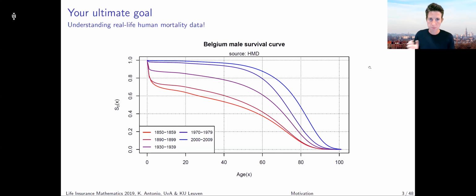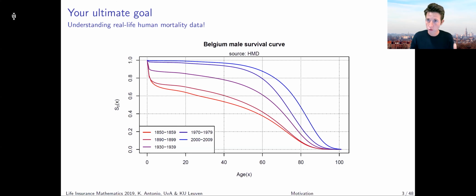And what we see here is, on the horizontal axis, I put the age. And on the vertical axis, you see the survival function of a newborn evaluated at time point or age x. So basically, and that's exactly what I'm going to explain in the next 45 minutes, what is the probability that a newborn will survive up to at least age x?